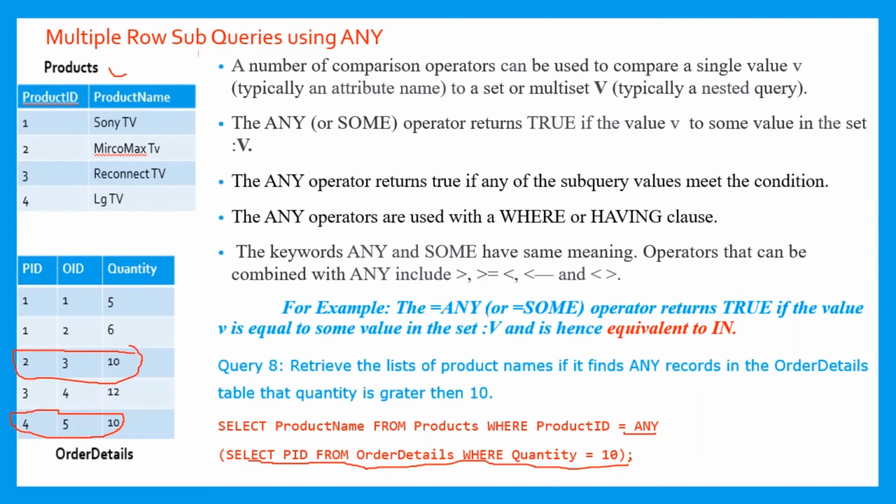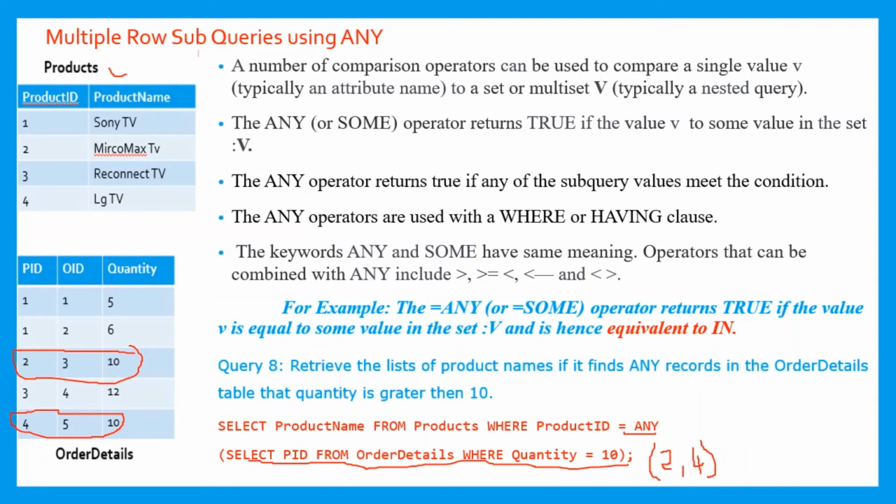Now the result of the innermost query is product ID 2 and 4. Remember here I am using equal to ANY, it performs a similar operation as the IN operator.